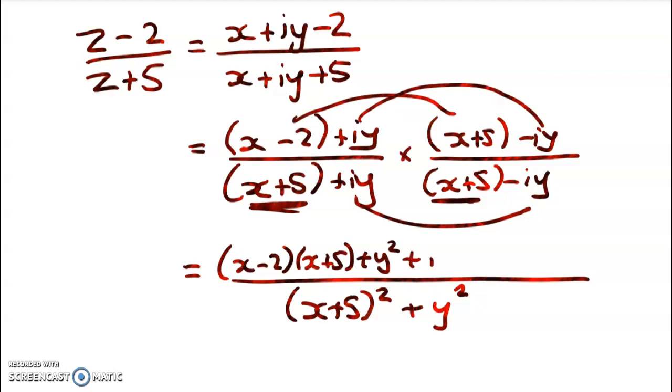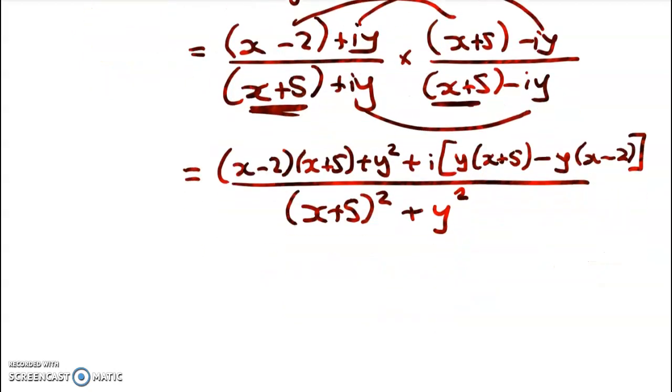And now with the complex bits we get plus i times y times x plus 5 minus y times x minus 2, not plus 2, minus 2. And you've got to go really carefully with this, or it is all not going to work out beautifully, because a whole bunch of stuff here is going to simplify.